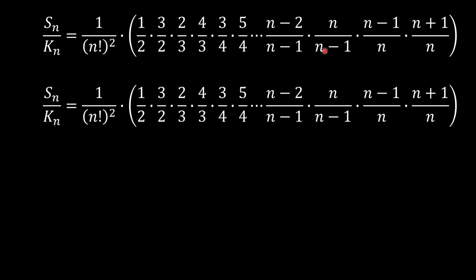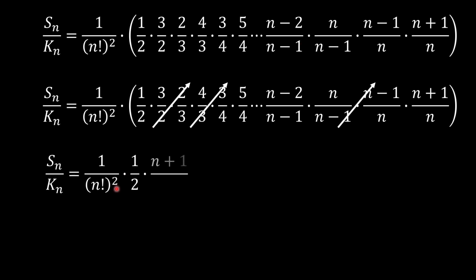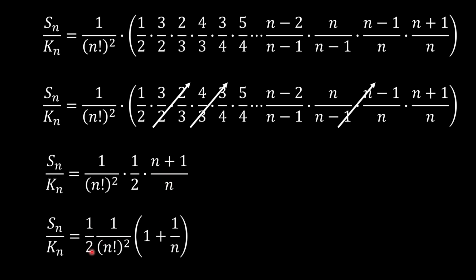Up to here you see this n minus 1, this n minus 1 cancel, this n and this n cancel, and they all go away until we are left with 1 over n factorial squared times this half here that persists times n plus 1 over n. And then if you divide through with n, we have 1 over 2, could pull the half out, times 1 over n factorial squared times n divided by n is 1, 1 divided by n is 1 over n.